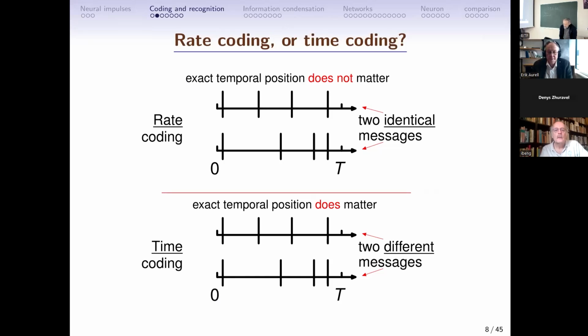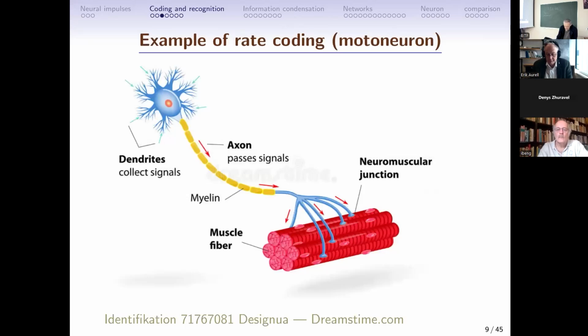In the rate coding, only the total number of spikes obtained in the period t does matter. And in the time coding, the timing of each obtained impulse does matter as well. Actually, these two paradigms cannot be observed in a pure form, but there are some examples.